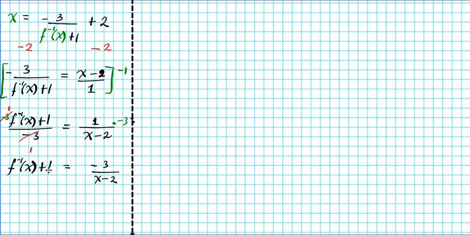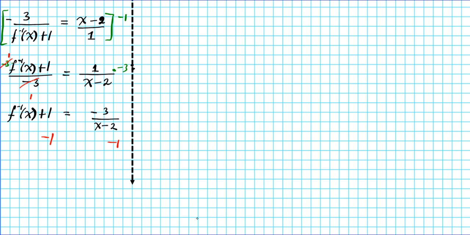Now the final step is to simply subtract 1 from both sides of our equation, and the inverse function will be isolated. That yields the inverse function f inverse of x equals negative 3 over x minus 2, minus 1.